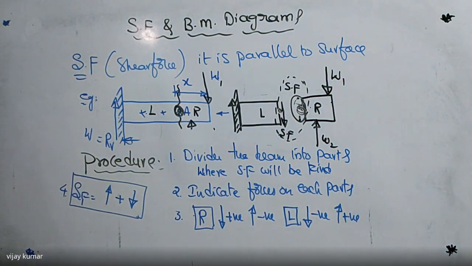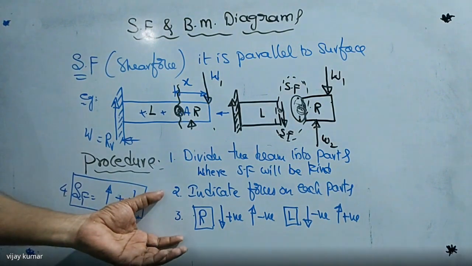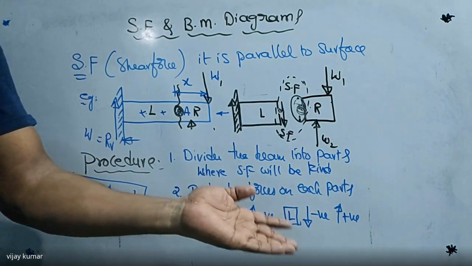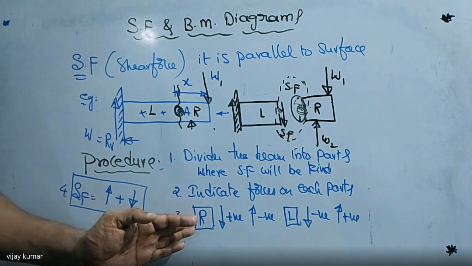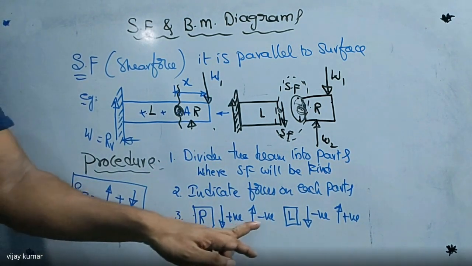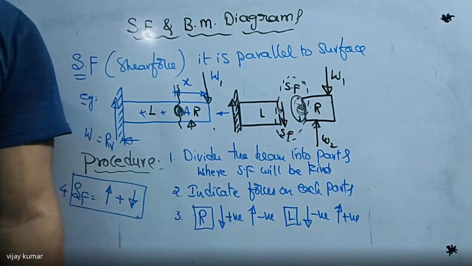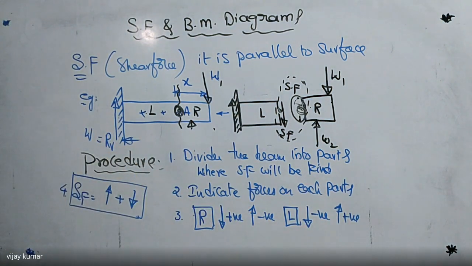And third one, take any one of the parts, either left part or right part. If we take a right part, then downward is positive, upward is negative. And the left part, downward is negative, upward is positive. This is nothing but the sign convention of shear force. Remember one thing.